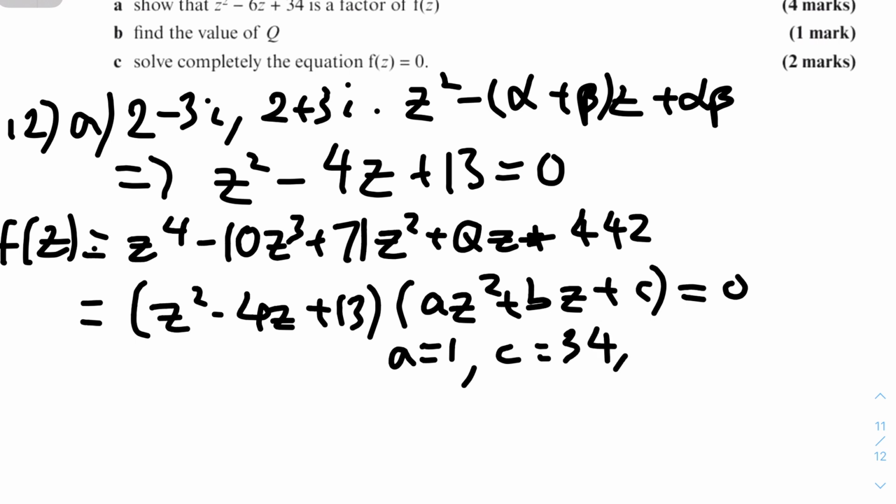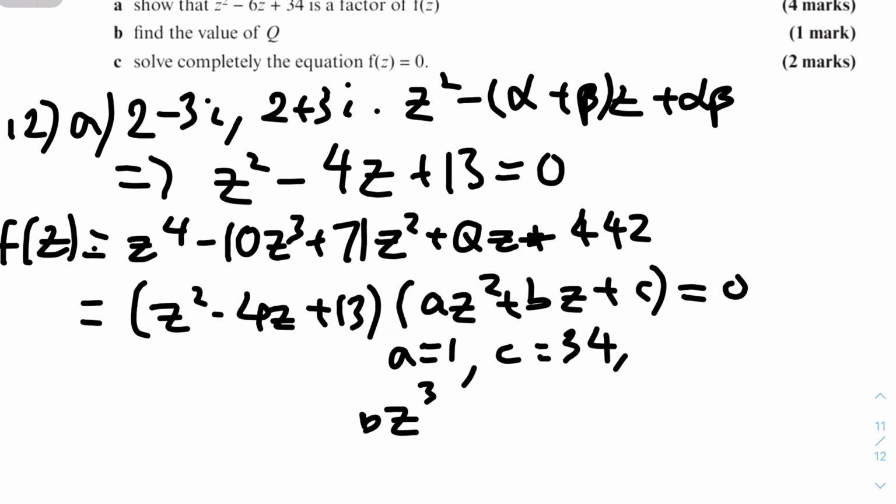And for b, we can choose what terms to focus on, and I'll focus on the term z cubed. So the way to make z cubed including b will be z squared times bz, which gets us bz cubed right here. And the second way to get it is by multiplying minus 4z by az, and we know that a equals 1.